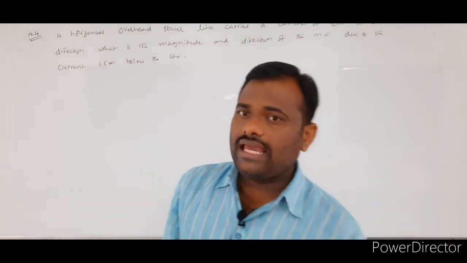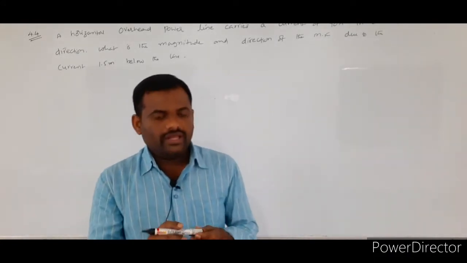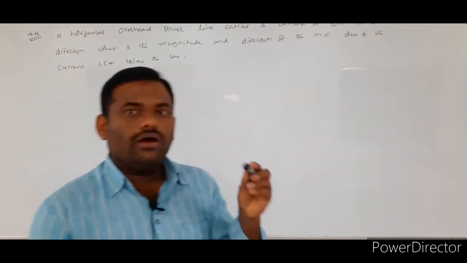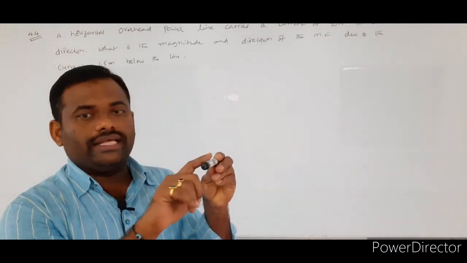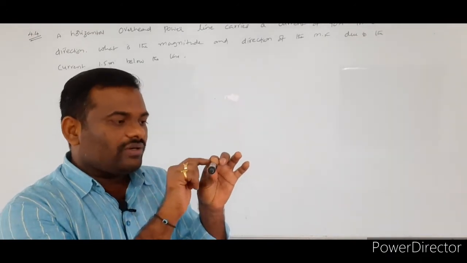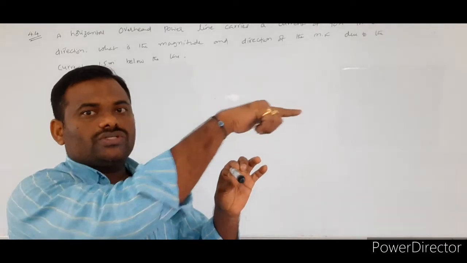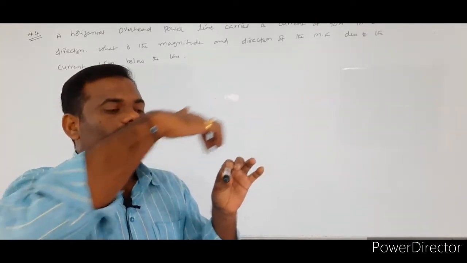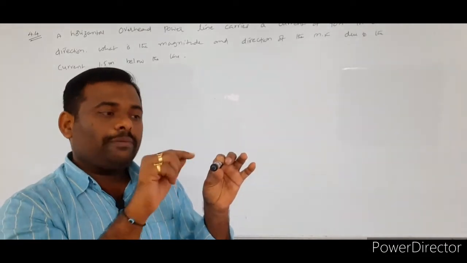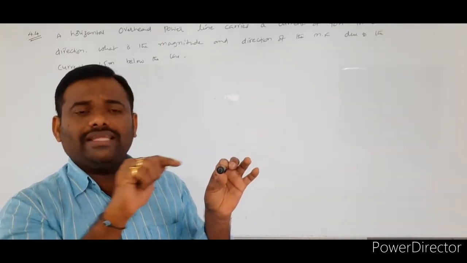So same concept as that of the previous numerical. Now here they considered one horizontal power line carrying the current. Suppose you assume this is east to west and this is north to south. In the previous case they considered the point in the horizontal plane.